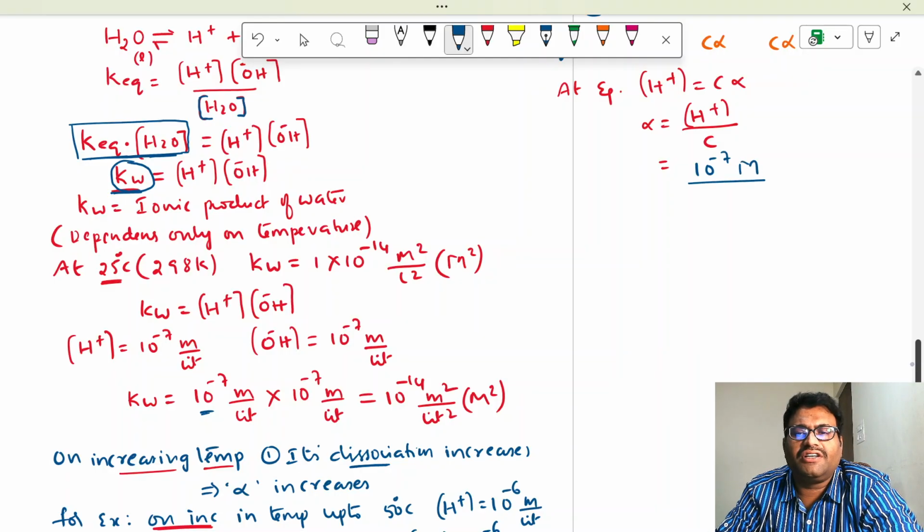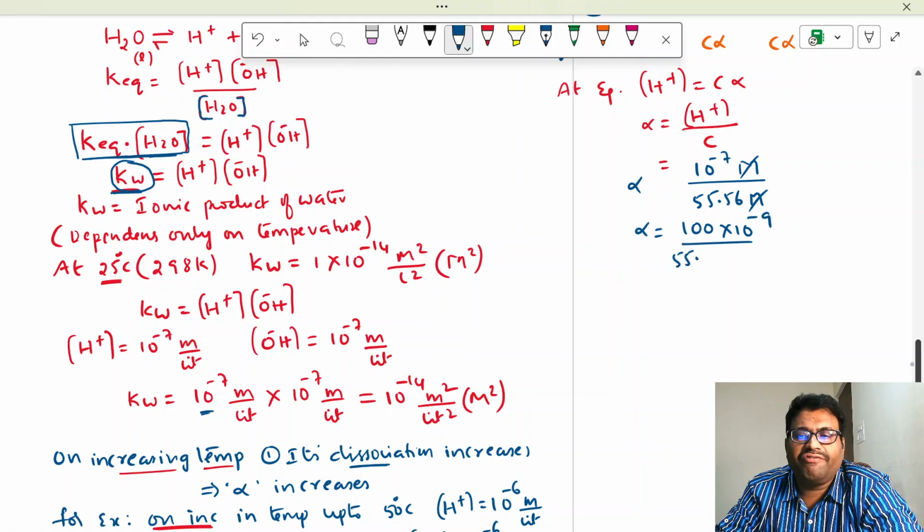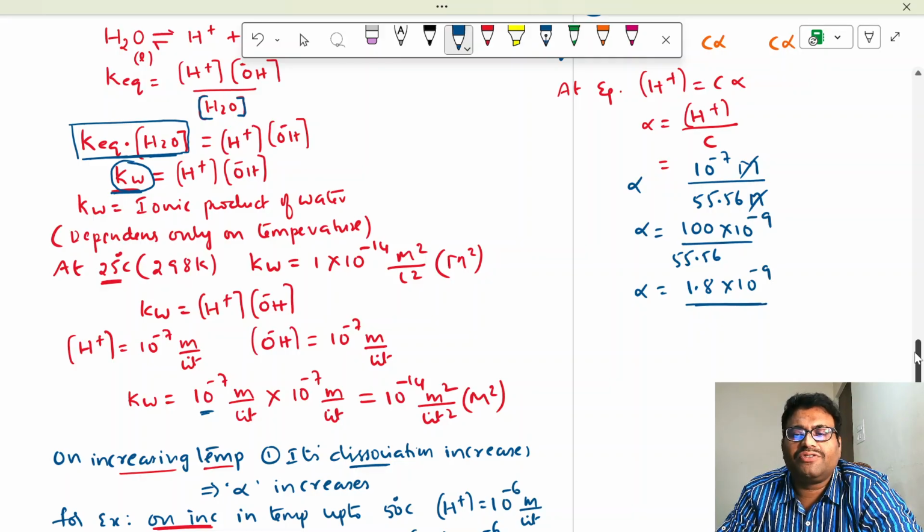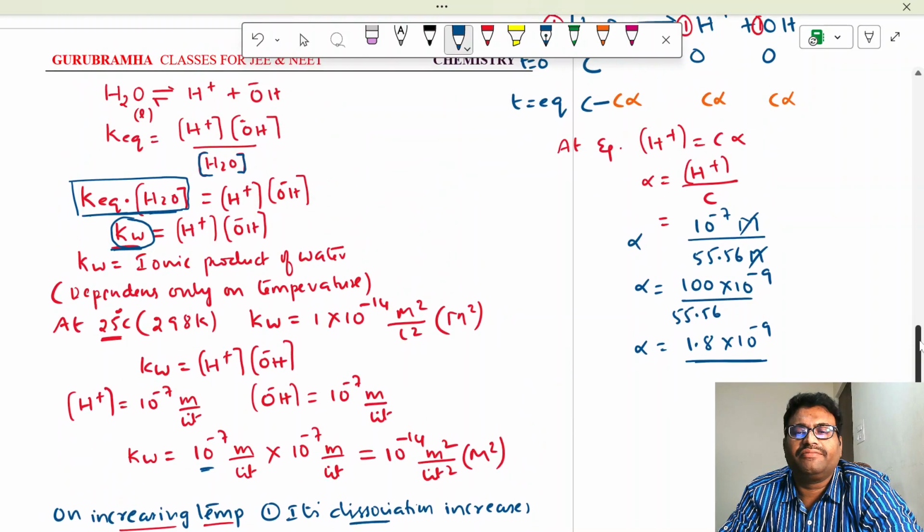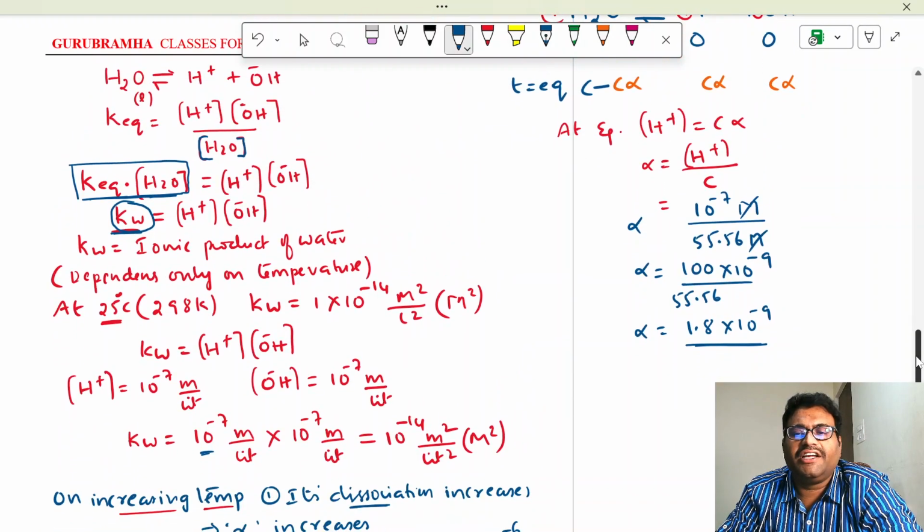The concentration of water is 55.56 molar. Moles get cancelled. Then alpha is equal to 100 into 10 power minus 9 divided by 55.56, which gives 1.8 into 10 power minus 9. So this is the degree of dissociation of water at equilibrium.